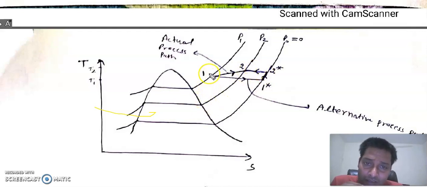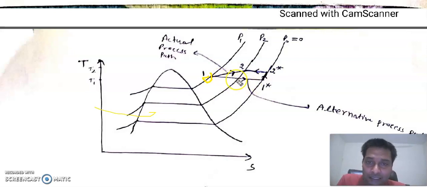Instead of going from state 1 to 2 directly, I am choosing 1 star, 2 star, and 2 to reach the same state, because enthalpy is a state function, and the total change in enthalpy will be equal to the summation of the enthalpy changes along each path.